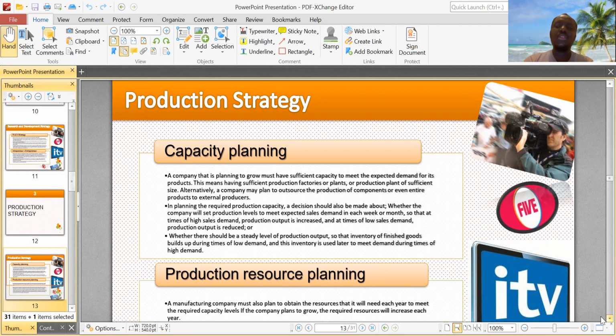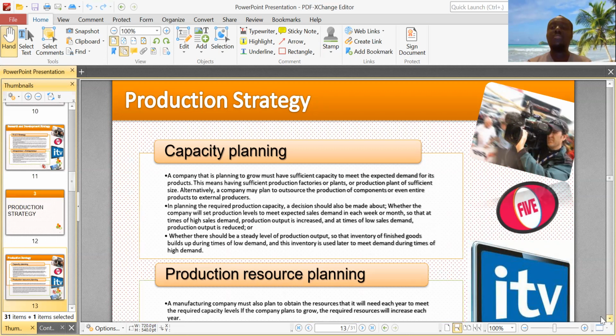So if you're a company, can your company provide goods that will serve the entire Africa? If yes, then they have capacity for it. If no, then they don't have the capacity. So a company that is planning to grow must have sufficient capacity to meet the expected demand for its products. This means having sufficient production factories or plants.